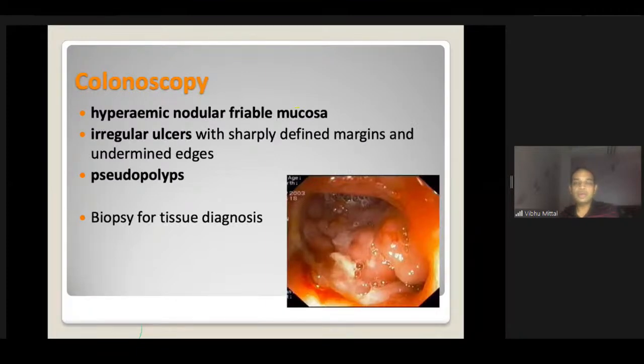So what do you usually find in colonoscopy? This would again be a repetition in later slides. It would be hyperemic nodular friable mucosa, irregular ulcers, sharply defined margins, and undermined edges. You might find pseudopolyps, and it is important to take adequate biopsies from these ulcer edges.